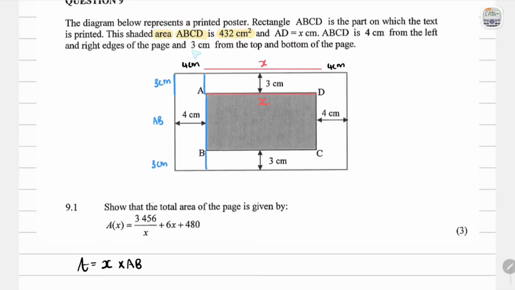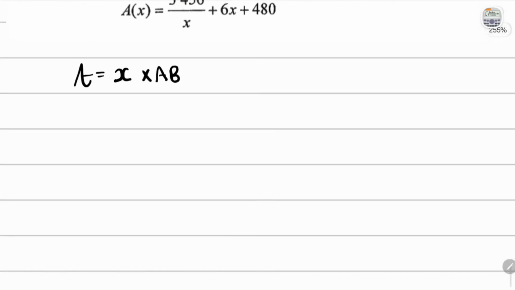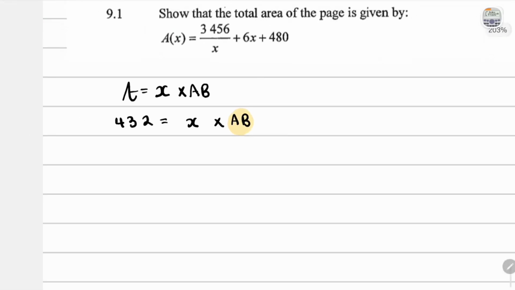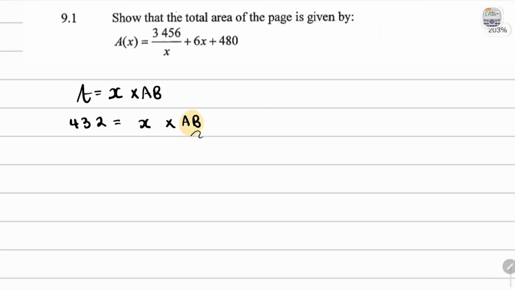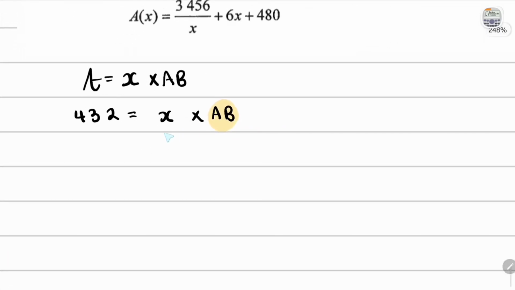Okay, so we know that that area is 432. So 432 equals X multiplied by AB. And we just needed an expression for AB so we can actually work with that. So to get AB on its own, you can divide both sides by X, and therefore AB equals 432 over X. And there we go.